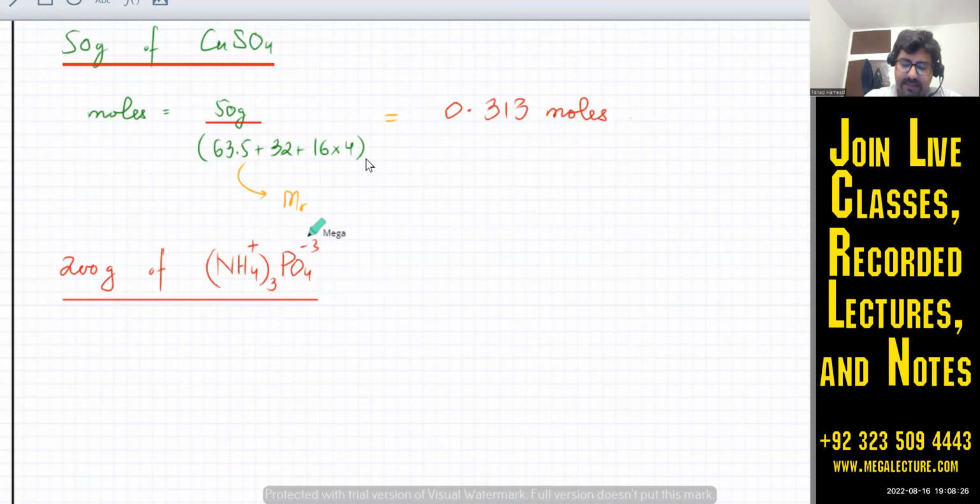So I'm going to have 3 ammoniums. Now, make sure you calculate the Mr correctly. If I try to do this, moles for this one would be equal to the total mass, which is 200.